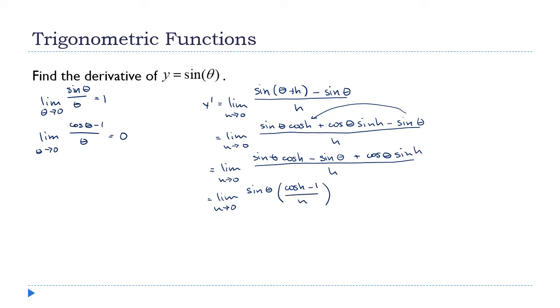And I'm going to split this, right? I'm going to do plus the limit as h approaches 0 of cosine theta sine h. Okay, now here comes kind of an interesting step. Notice that sine theta doesn't have an h in it, right? Because it doesn't have an h in it, it's not affected by that whole h approaches 0 thing.